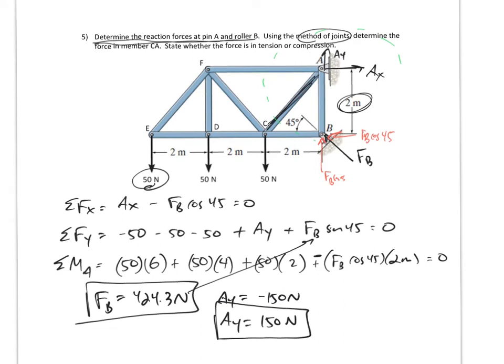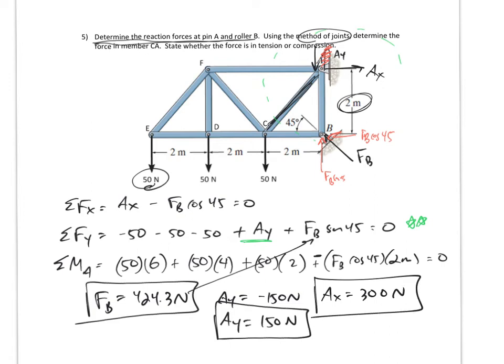It is not going up, it is going down. So show me that originally, in this equation right here, you had guessed that it was going up, but it's actually going down. And then for AX, we would get AX is equal to positive 300 newtons. So I drew it the correct direction.